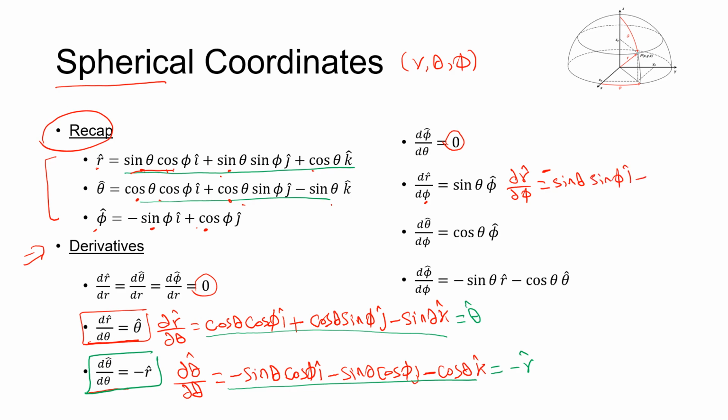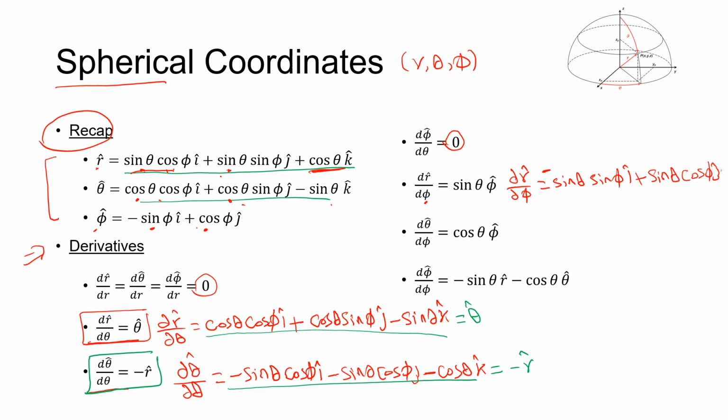Let's just keep this positive for now. We have sine theta, just a constant. Sine phi brings cosine phi in the j direction, and finally here we have no dependency on phi, so this will be 0.